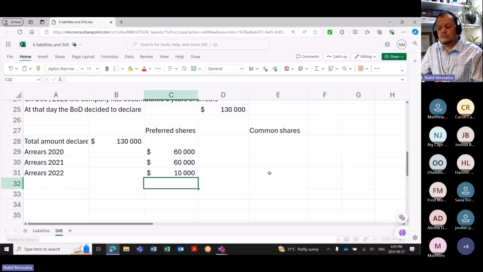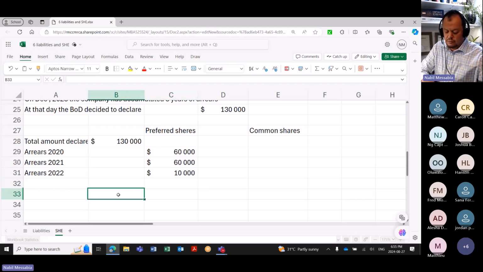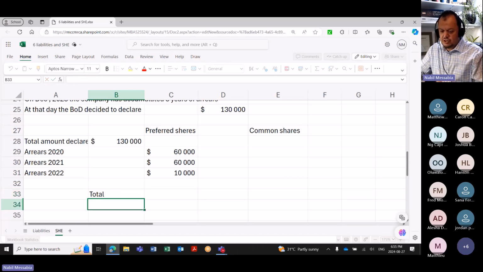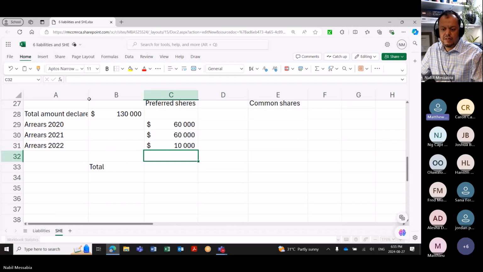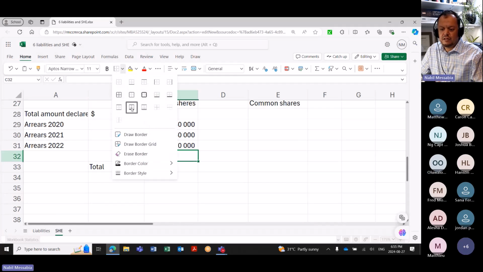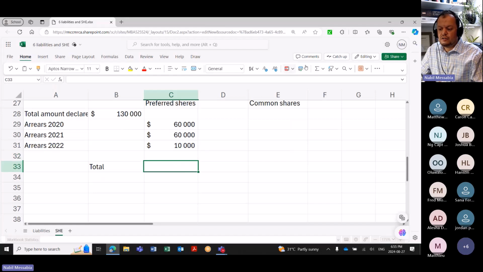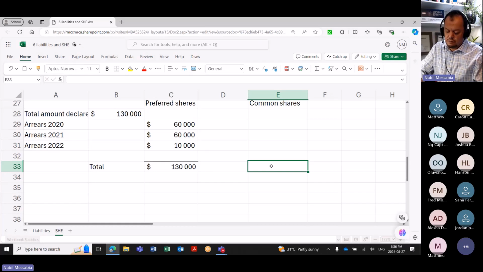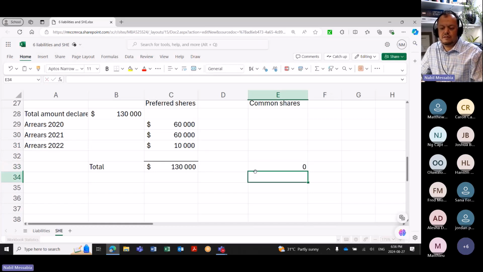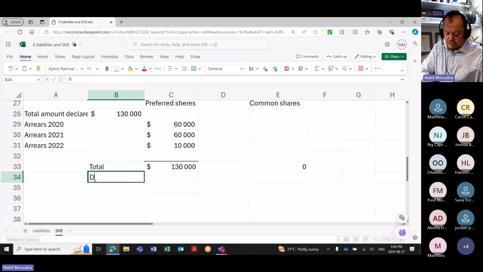What is going to go to the common shareholders in total? Nothing. Absolutely nothing. So all the declared amount will go to the preferred shareholders, and 0 will go to the common shareholders. Now, dividend per share.